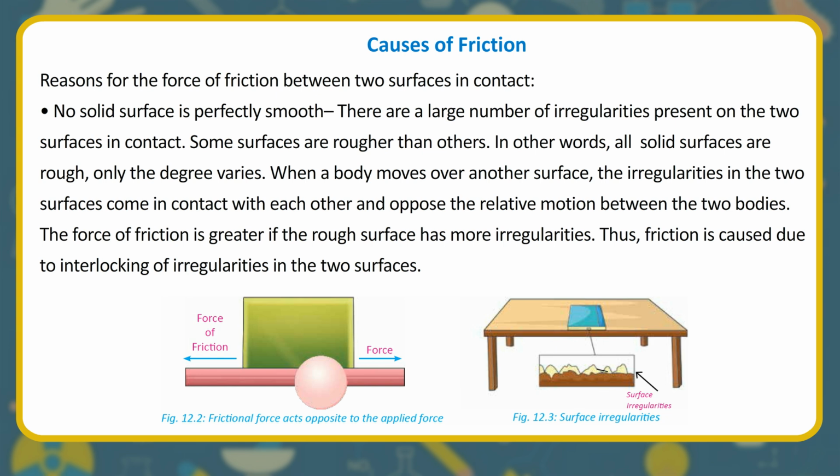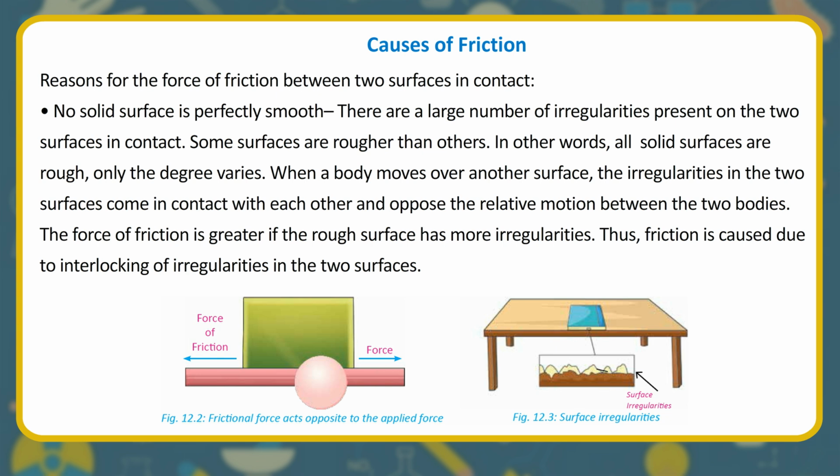When a body moves over another surface, the irregularities in the two surfaces come in contact with each other and oppose the relative motion between the two bodies. The force of friction is greater if the rough surface has more irregularities. Thus, friction is caused due to interlocking of irregularities in the two surfaces. Frictional force acts opposite to the applied force.